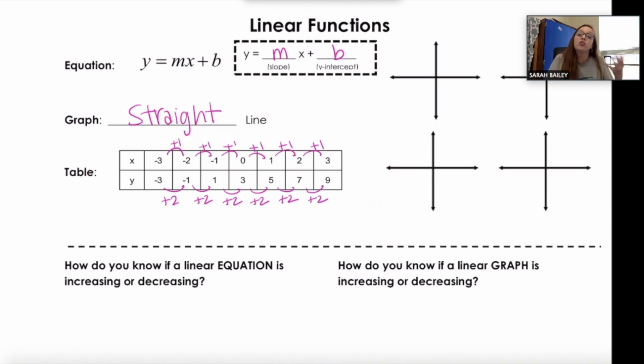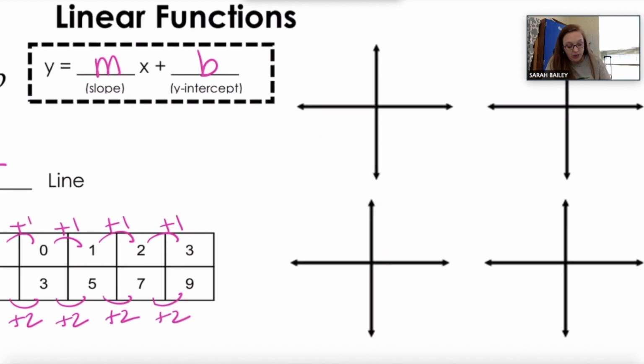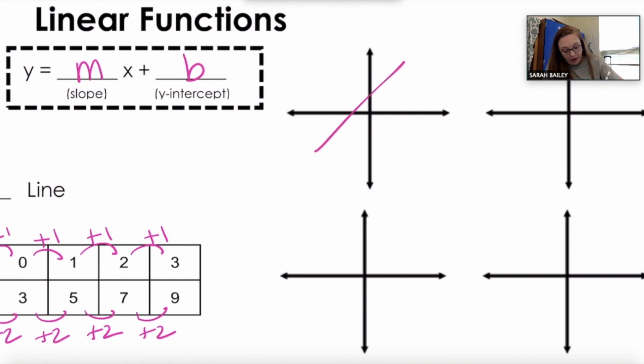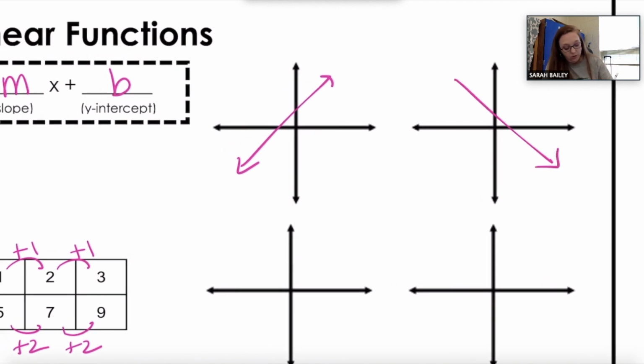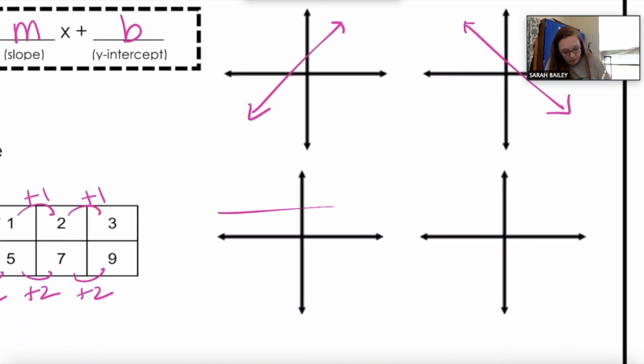Okay, and then the type of graph that you're going to see, you might see a graph such as this, okay, or that's an increasing graph. This type of graph would be decreasing, that negative slope. You could also see a horizontal line.